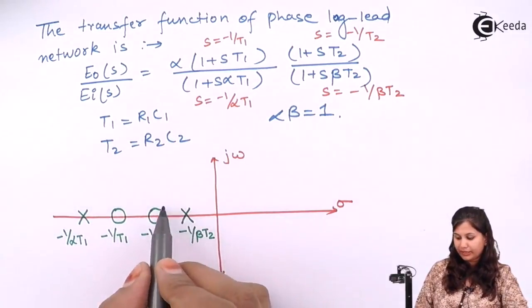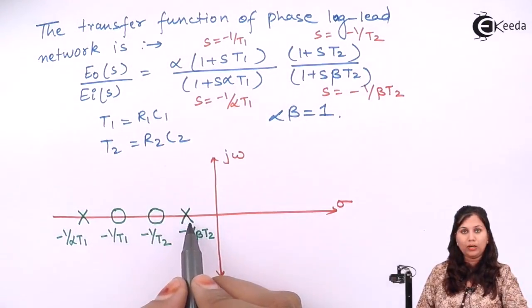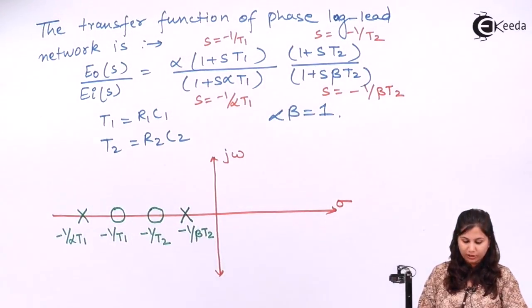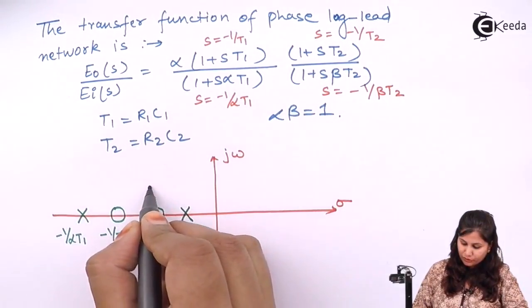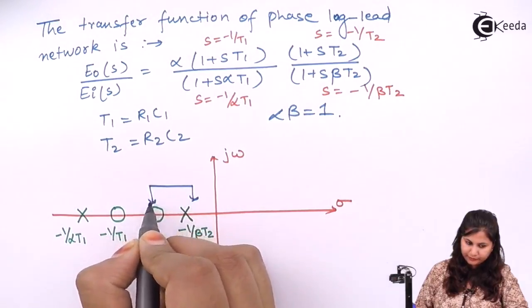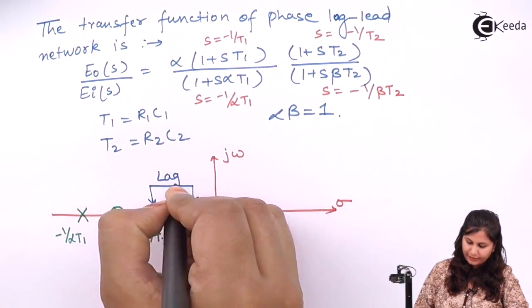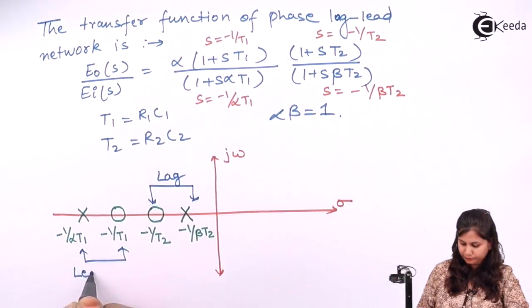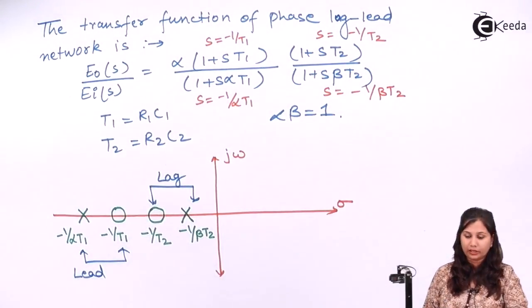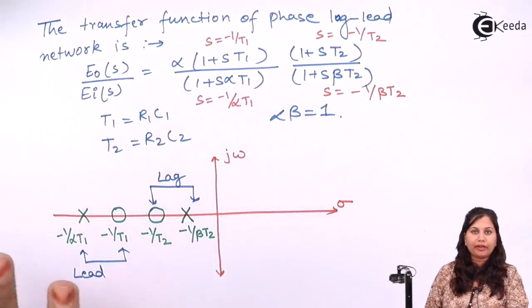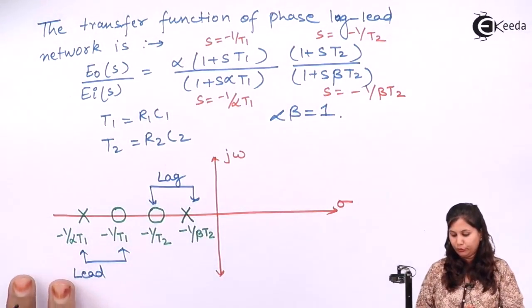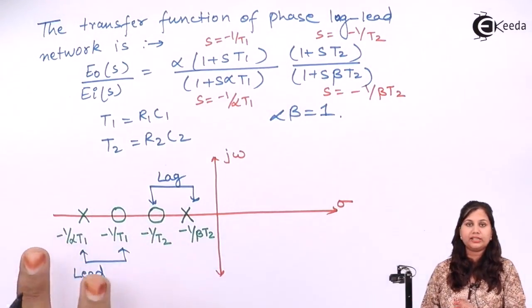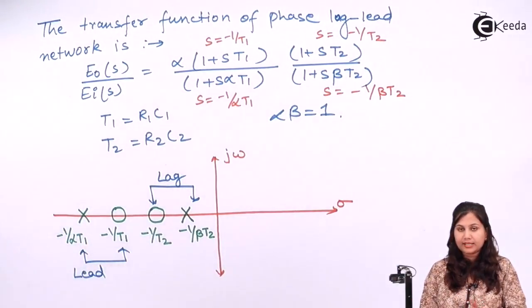Because in the phase lag network we have the pole as the dominating pole, and in the phase lead network we have the zero as the dominating zero. So this is due to the lag network, and this is due to the lead network. The overall effect on the system will be the combination of the effects of these 4 poles and zeros.